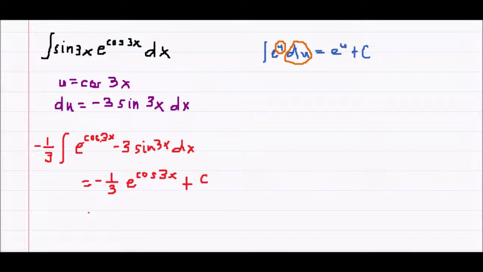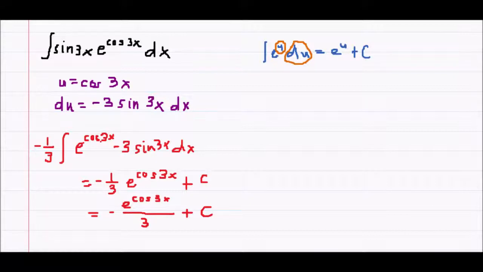Or if you want a simpler answer, you can write negative e to the cosine 3x over 3 plus c. And that is now our answer.